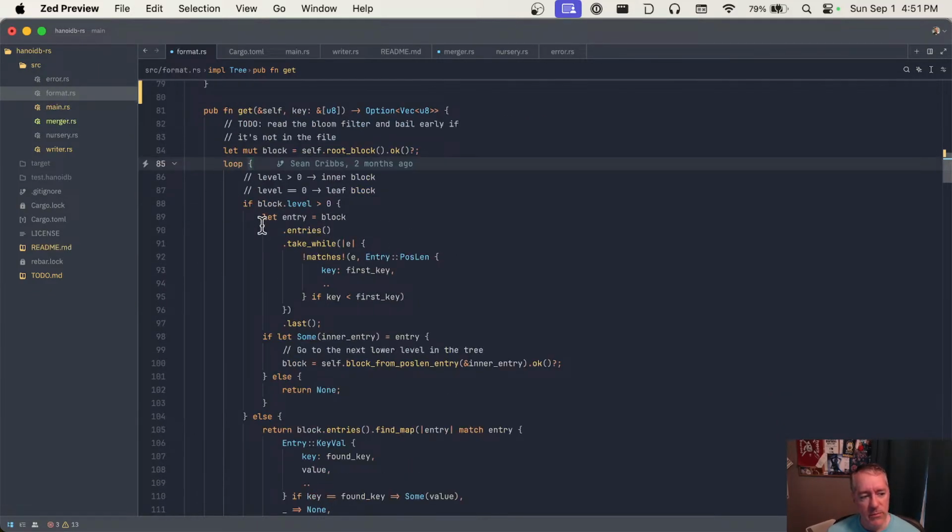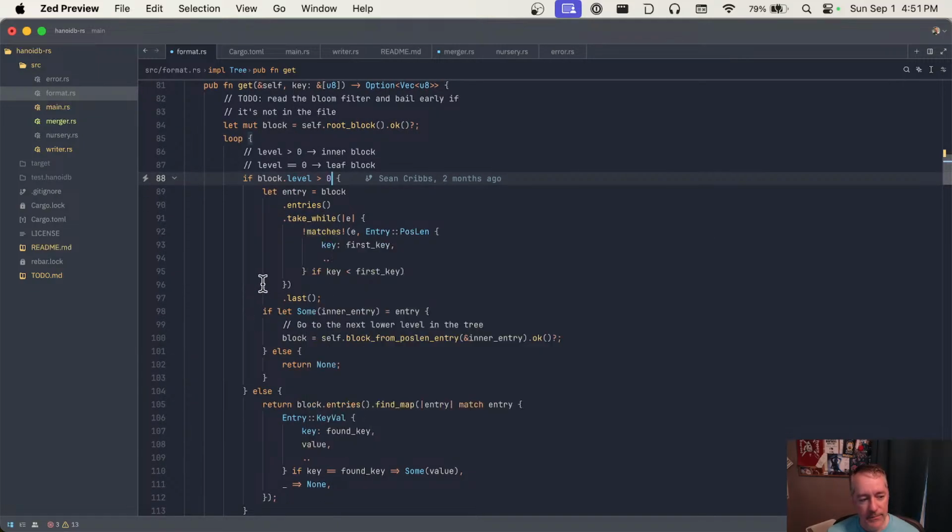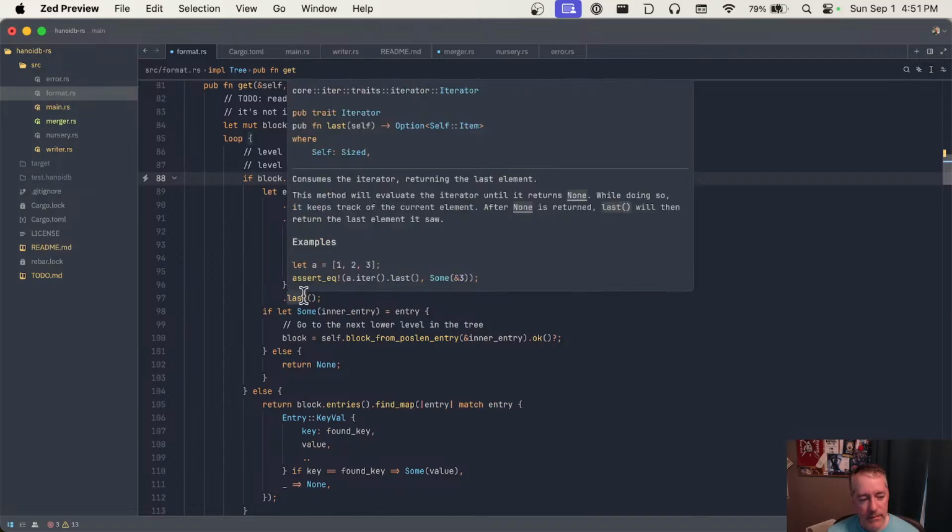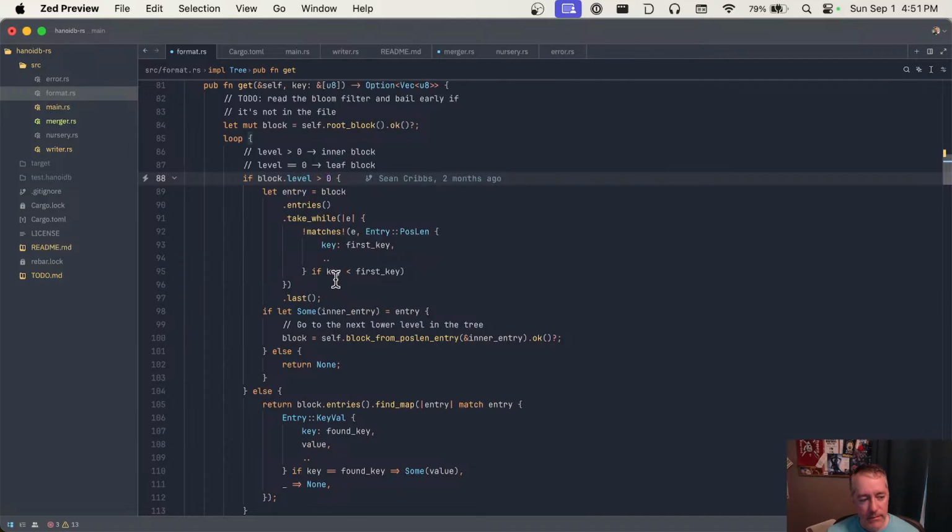Now here we were just doing it brute force, right? We're like, if our block level is greater than 0, so if it's not a leaf block, then we're iterating over the entries, taking from the entries iterator while the key in there is less than the first key we're looking for.